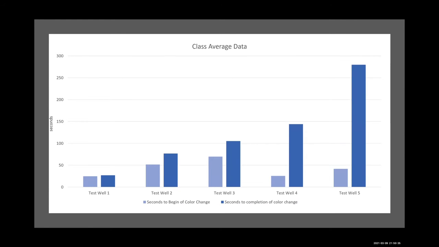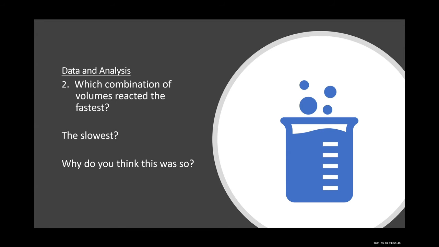So test well 1, 2, 3, 4, and 5. Data and analysis. Which combination of volumes reacted the fastest and the slowest, and why do you think this was so?